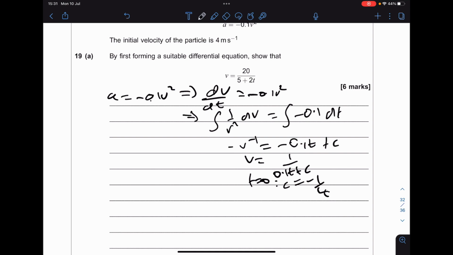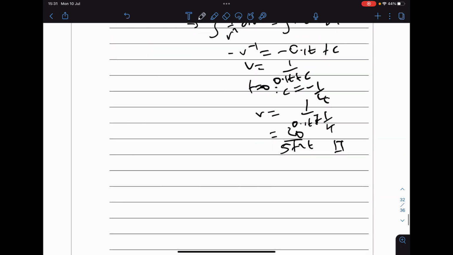So therefore v is 1 over 0.1 t plus minus a quarter, rather. You can multiply by 4 if you wish as well, so you get 20 over 5 plus 2t, which gives you what you want. Nice question, that.